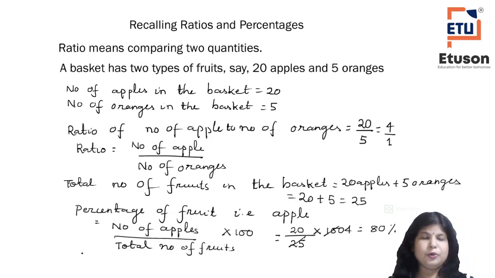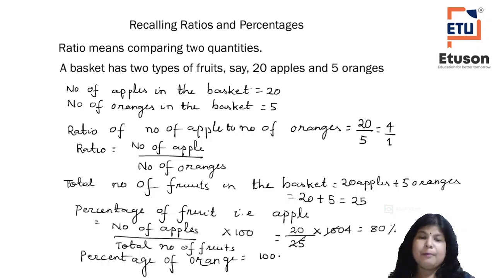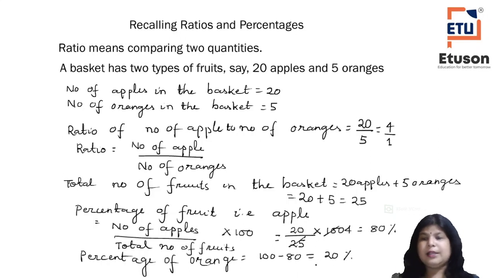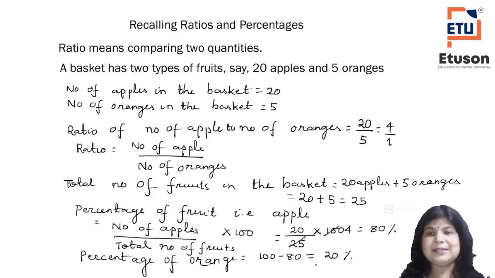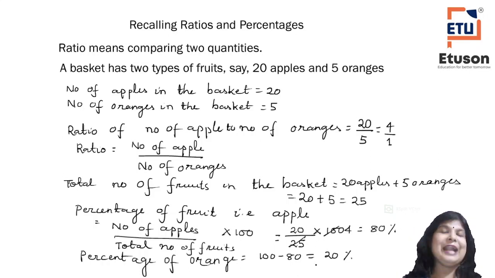So what about the percentage of oranges? The percentage of oranges will be equal to 100 minus 80, that is 20%. That is because the entire basket consists of only two fruits, apples and oranges.